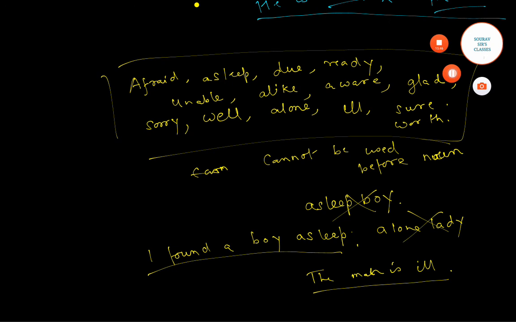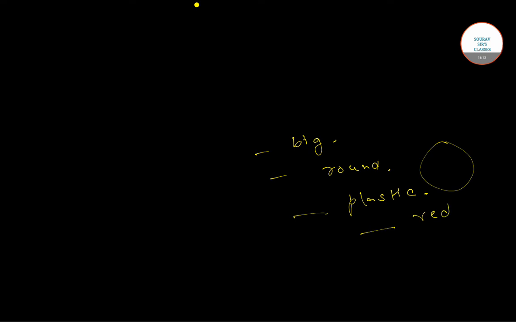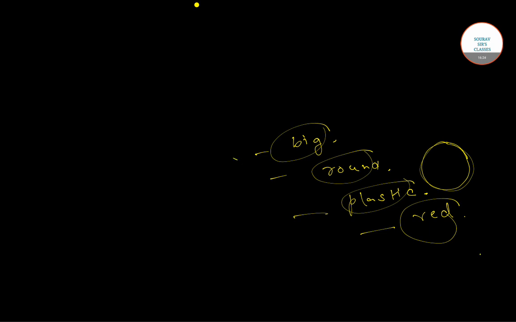Now suppose in a sentence there are more than one adjective. Like there is a ball which is big, it is round, it is made of plastic, its color is red. Then how are we going to arrange these adjectives? Now there is a certain order of adjectives.